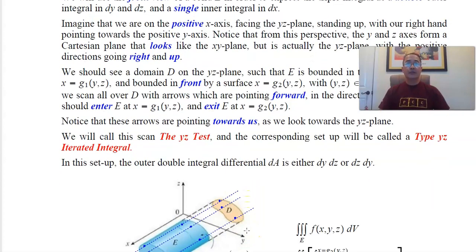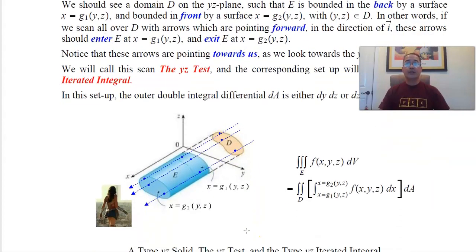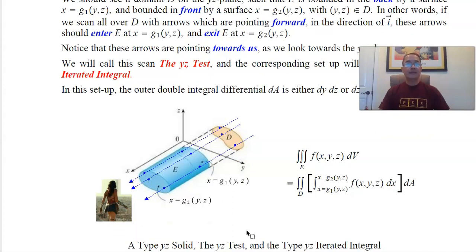So the other two kinds of solids, of course, have a similar construction. So here's a type yz solid. You're facing the solid this time, standing on the xy plane, like a normal person, or like Wonder Woman. And there are arrows shooting towards you, parallel to the positive x-axis.